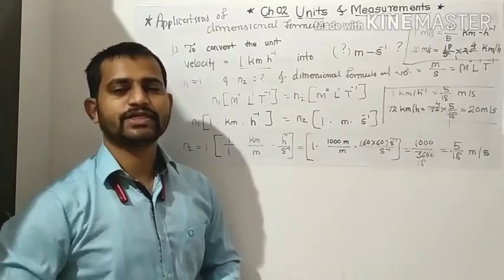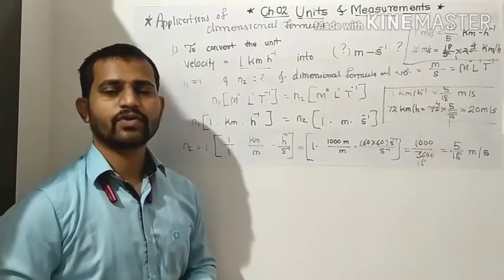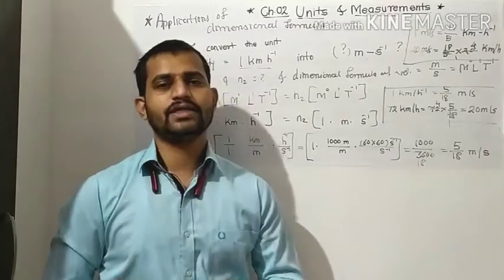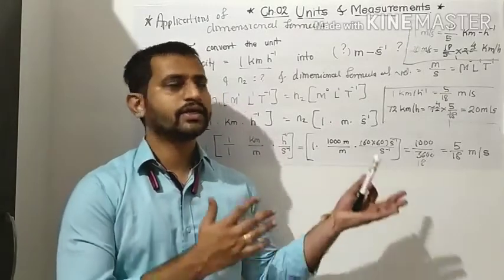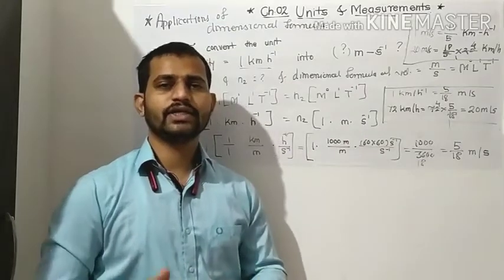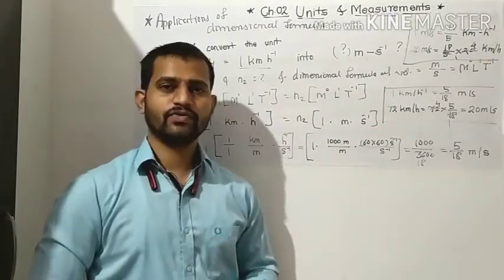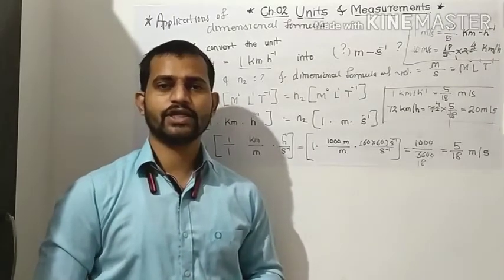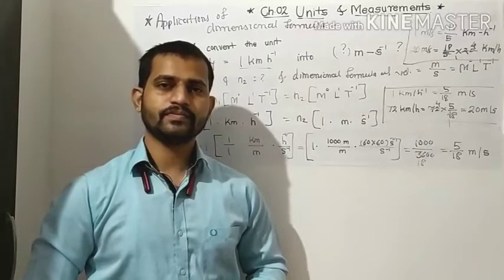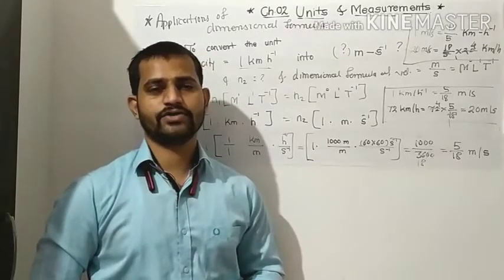So this is the application of dimensional analysis or the dimensional formula, that we can convert any unit from any system to any system. We have converted this from the practical units into the SI units. This is a very important conversion, because while solving any numericals, we have to change the units into the standard units.